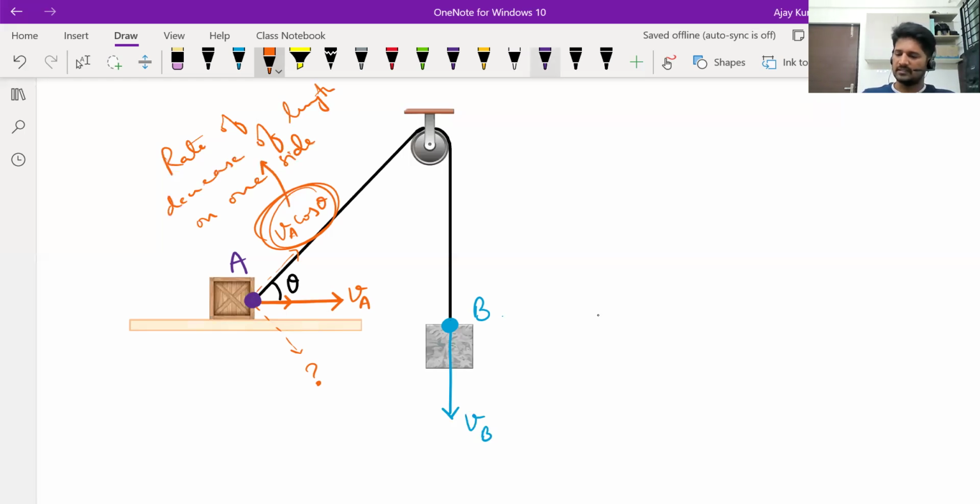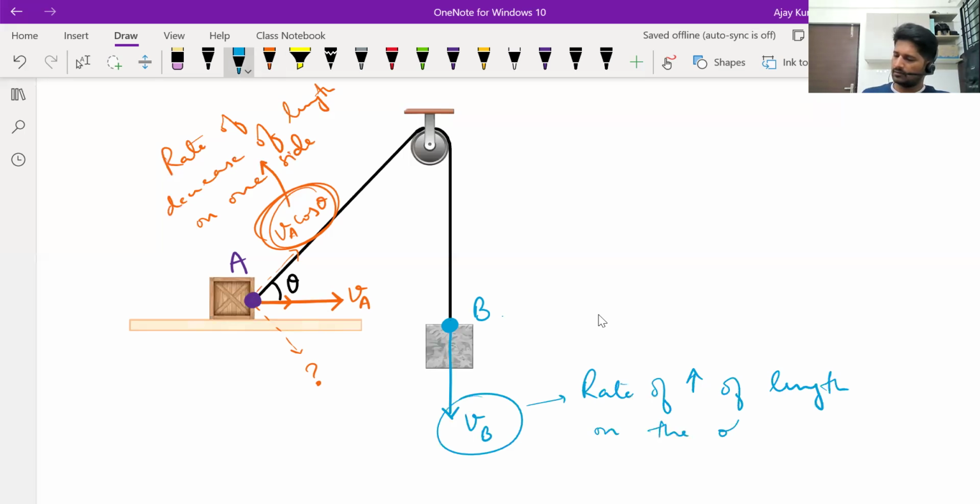And VB is already along the length of the string, so no need to take its components. This complete VB is the rate of increase of length on the other side. And because the string is inextensible, these two must be equal. The rate at which length is decreasing on one side should be equal to the rate at which it is increasing on the other side.